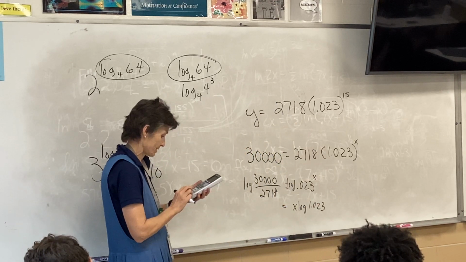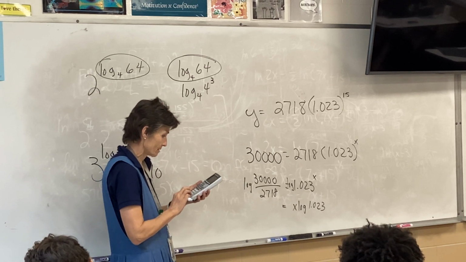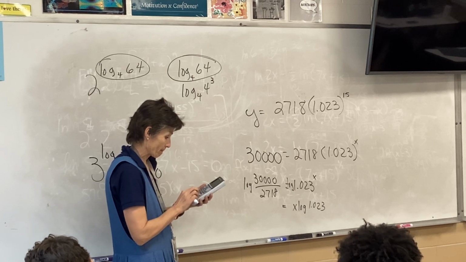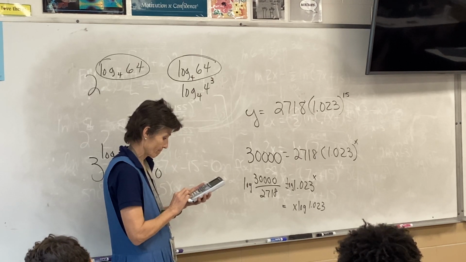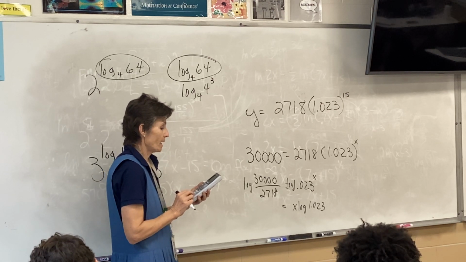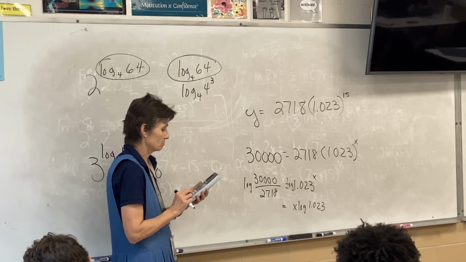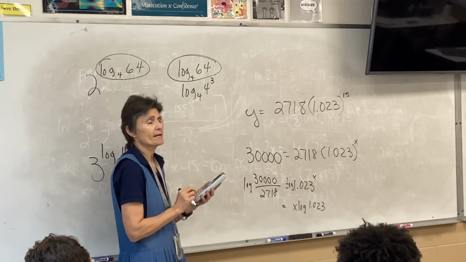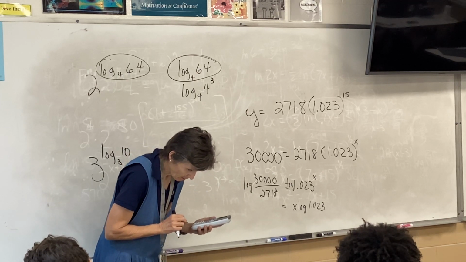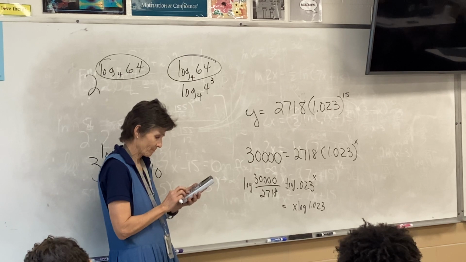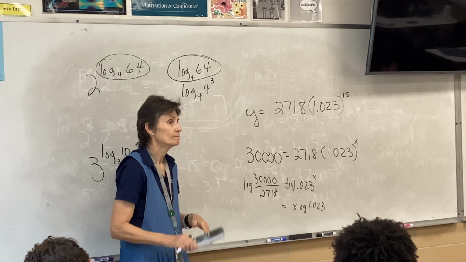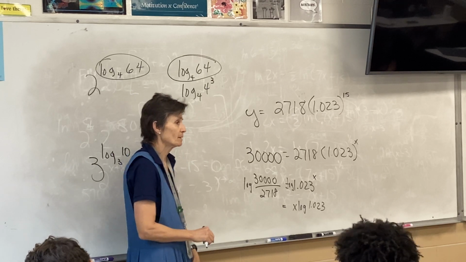So I think, Tess, the answer is I got 105.6. So it's gonna take a long time. So when did we first start measuring? 1995. So it's gonna be sometime in the year 2100 that we reach that population.